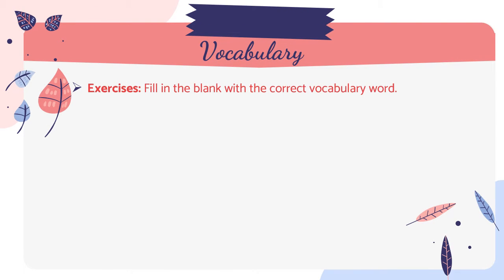All right, let's fill in the blank with the correct vocabulary word. King Arthur is an example of a blank, so this is the guy with the Knights of the Round Table. Who would he be? Antagonist, protagonist, melodrama, or foreshadowing?